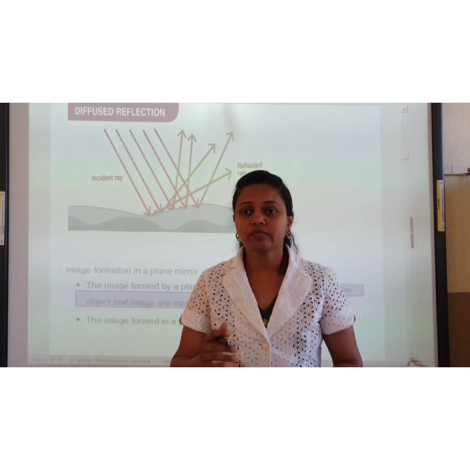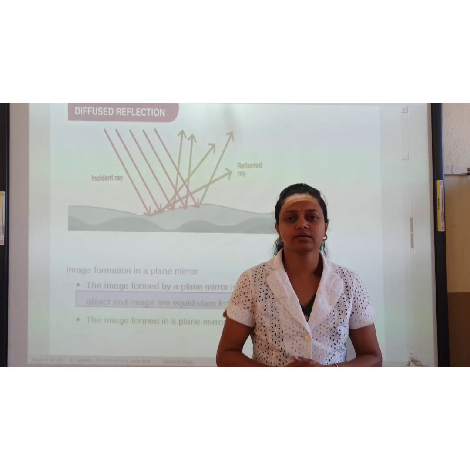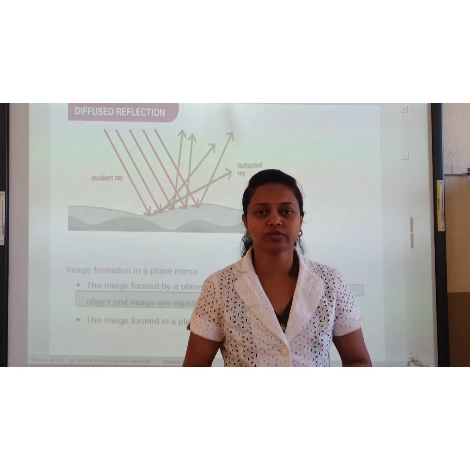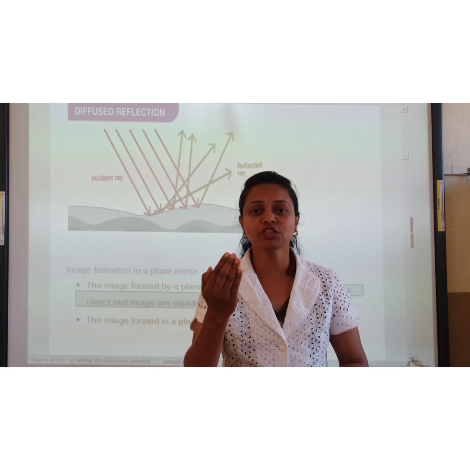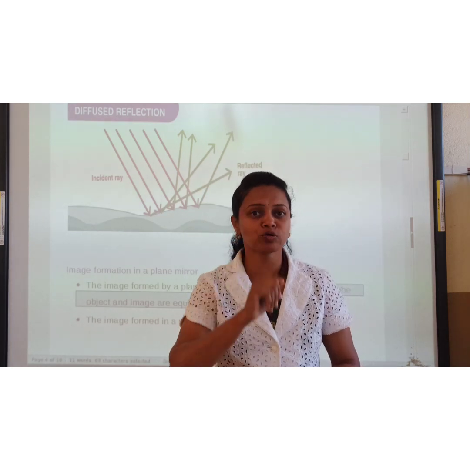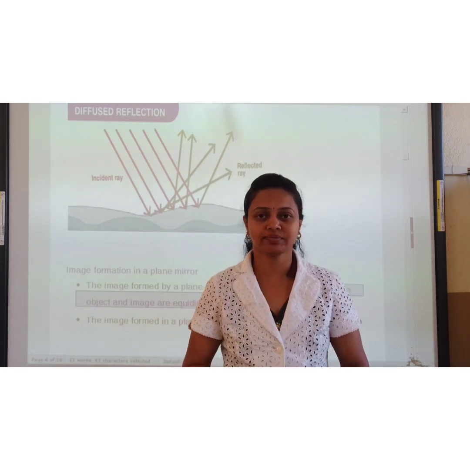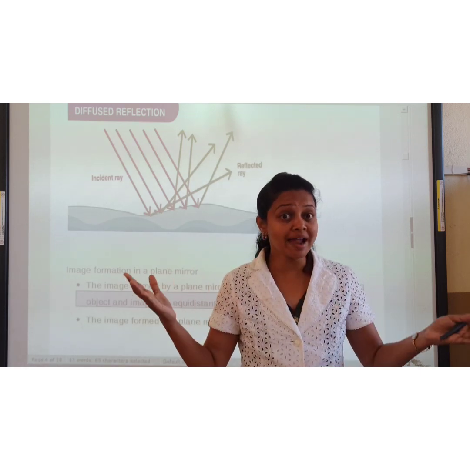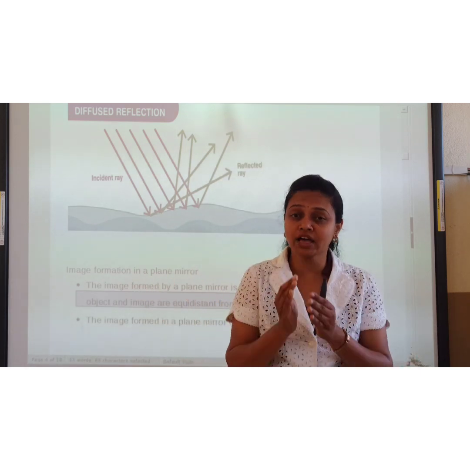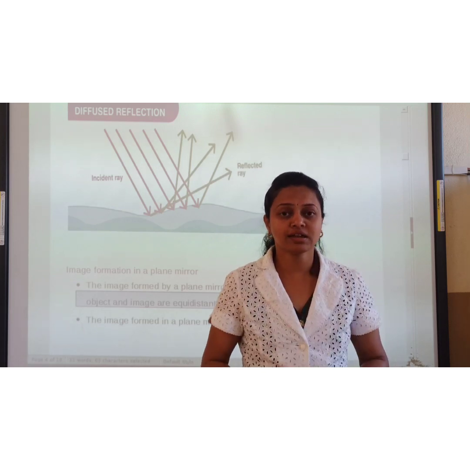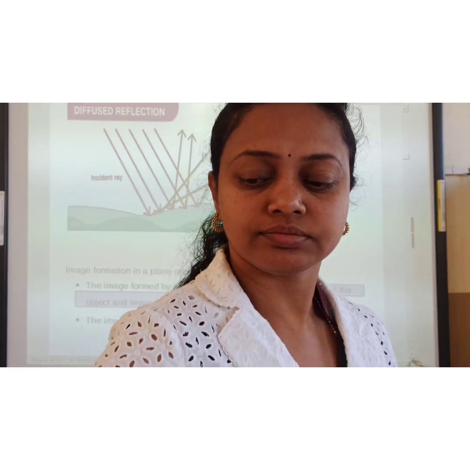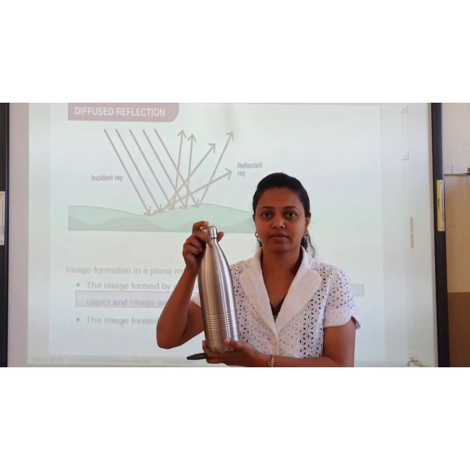Now, one example I would like to give you here. Take the curved spoon at your house. Look at the image formed in the curved spoon. How do you see it? Is it a very wide image or a narrow image? Now, I'll give you an example of my water bottle. Look at this.